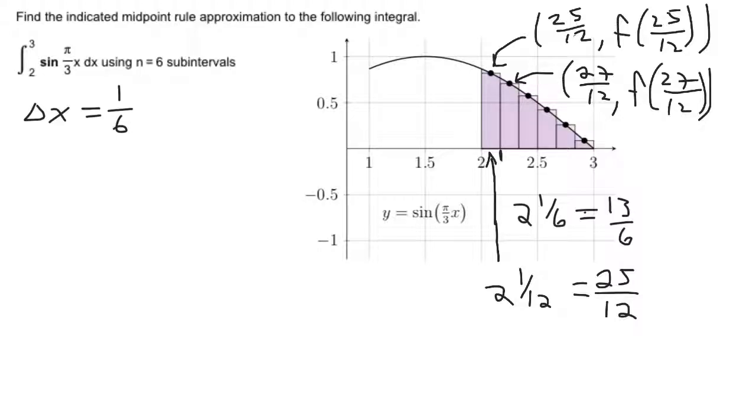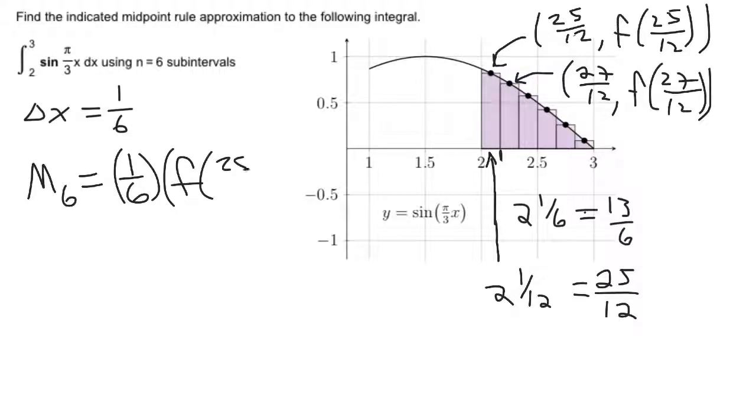Anyway, so then my M6 approximation is going to be the width times the height of the first rectangle. And then it'll be the width times the height of the next one and so on. Since that width, that delta x, is the same every time, I can factor that out.